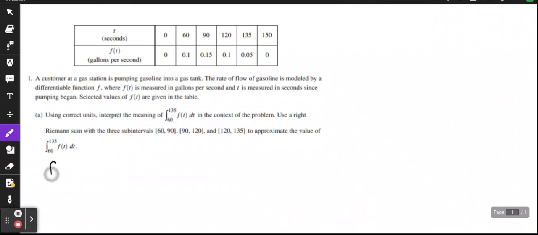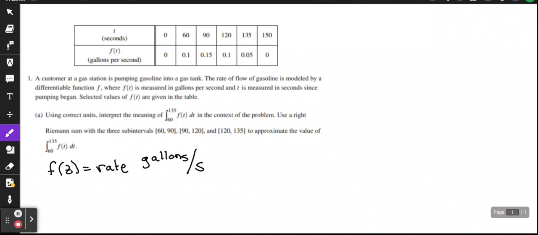So we know that f of t is a rate, and it's the rate at which gasoline is pumped into a gas tank in gallons per second. So if we integrate a rate, it's going to give us the accumulation in that time interval.